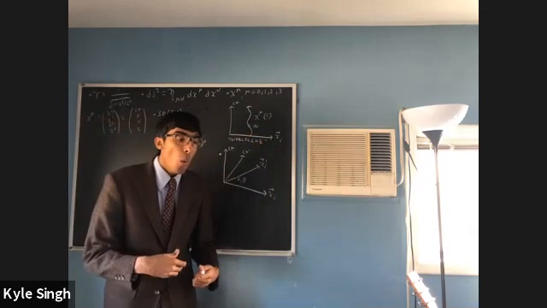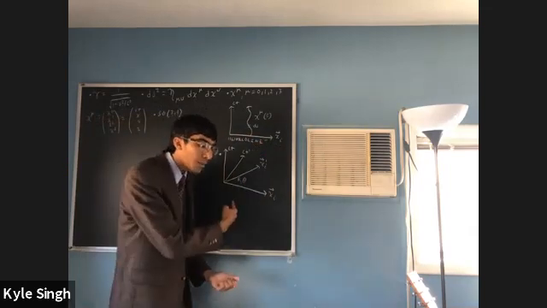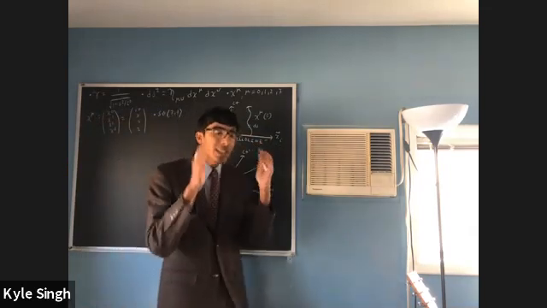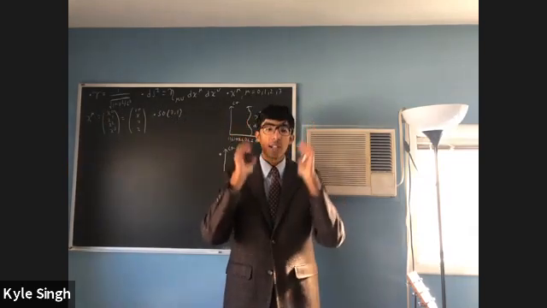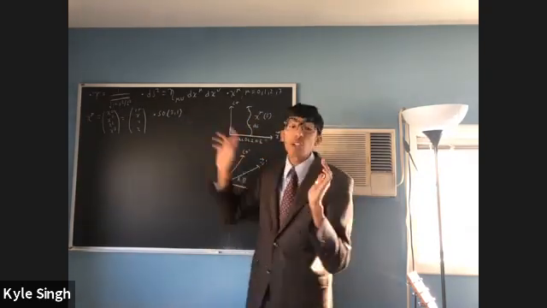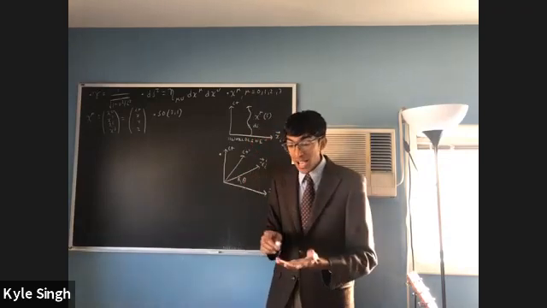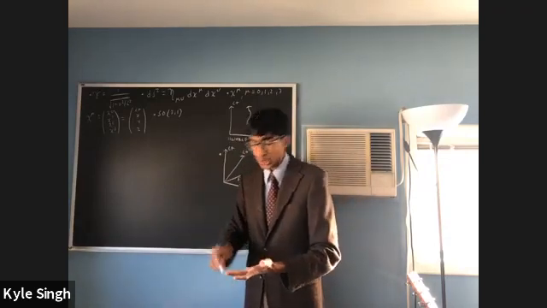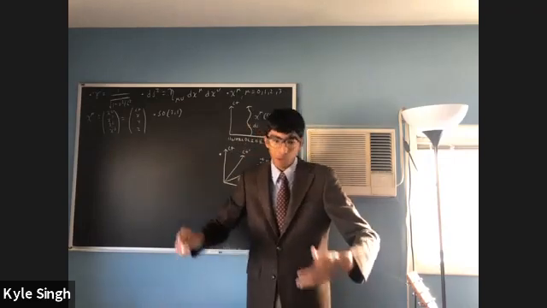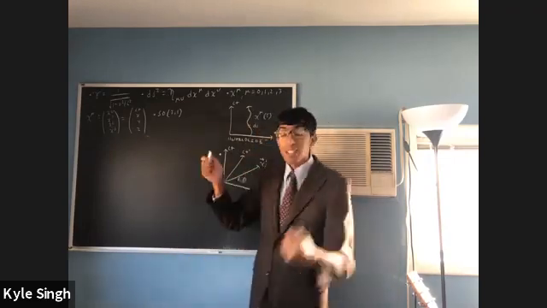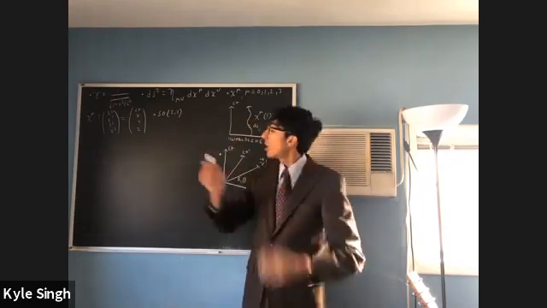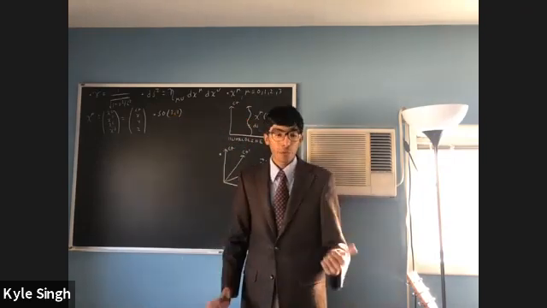In both situations, boosts and rotations, what are the objects that tell you it's a Lorentz transformation? The Lorentz matrices. And you'll have a Lorentz matrix in the x direction, the y direction, and the z direction for each transformation. And the set of those matrices make up this group, SO(3,1).